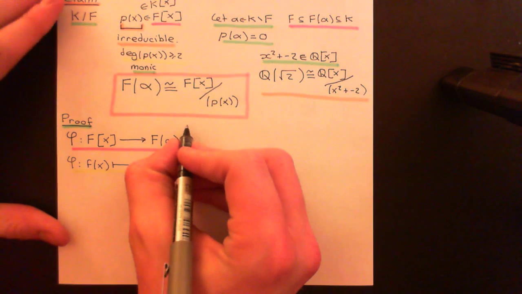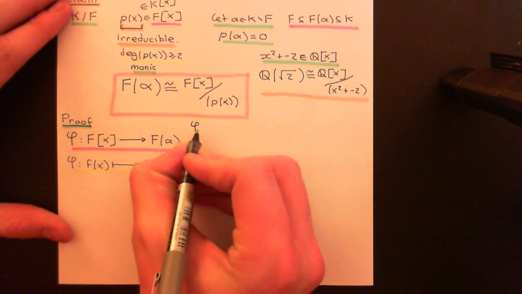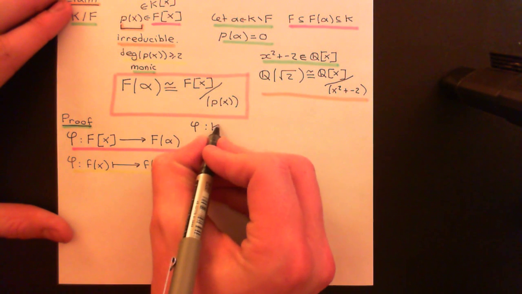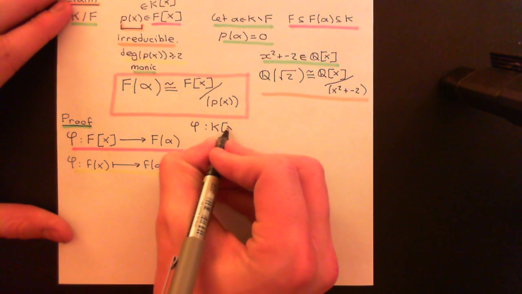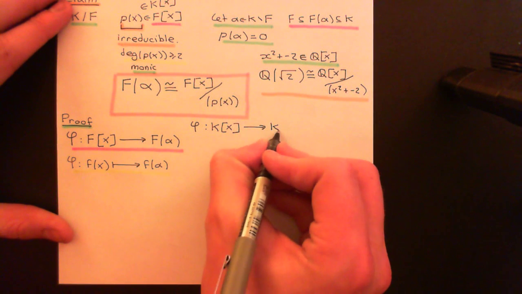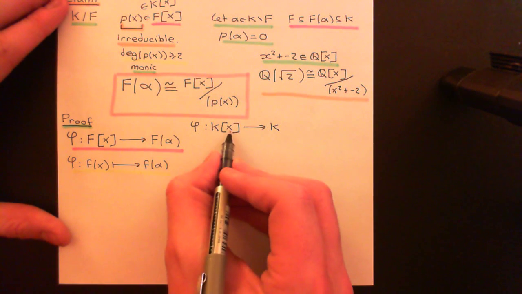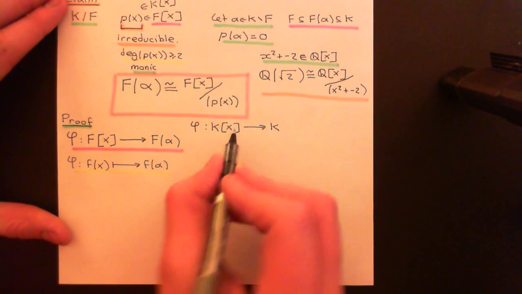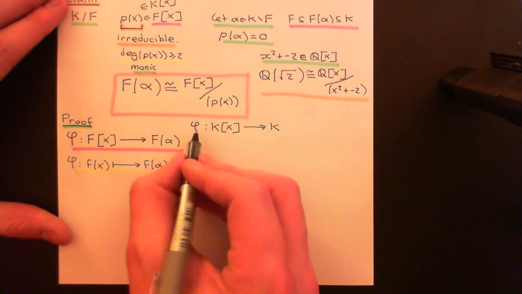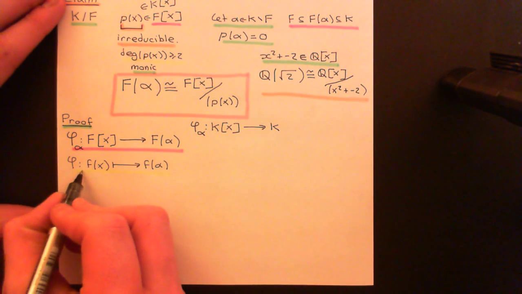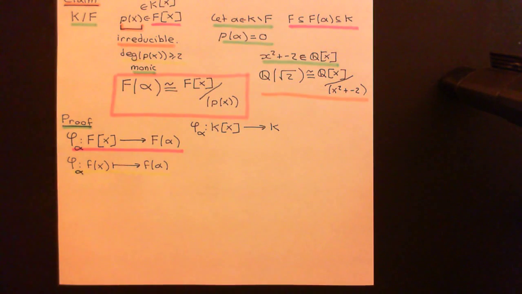A more normal example of an evaluation homomorphism would be, let's take the evaluation homomorphism from the ring of polynomials over the field capital K into the field capital K. And what you do is you just say we're going to evaluate all polynomials at some element of K, alpha, the element that we're using to evaluate, and we could call this evaluation homomorphism, if we liked, phi sub alpha, to show that the element that we're evaluating our polynomials at is alpha.